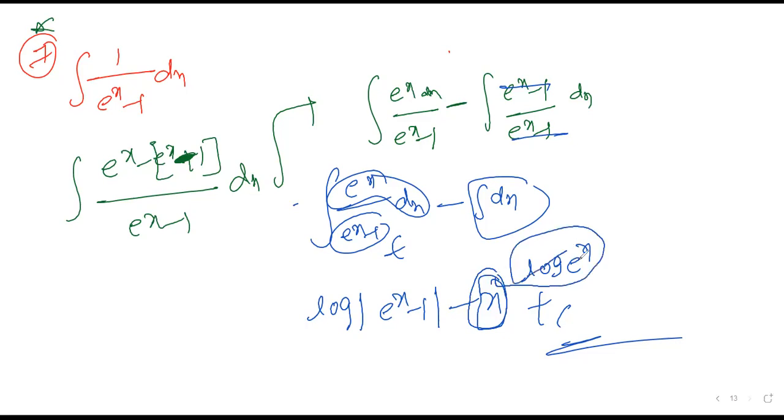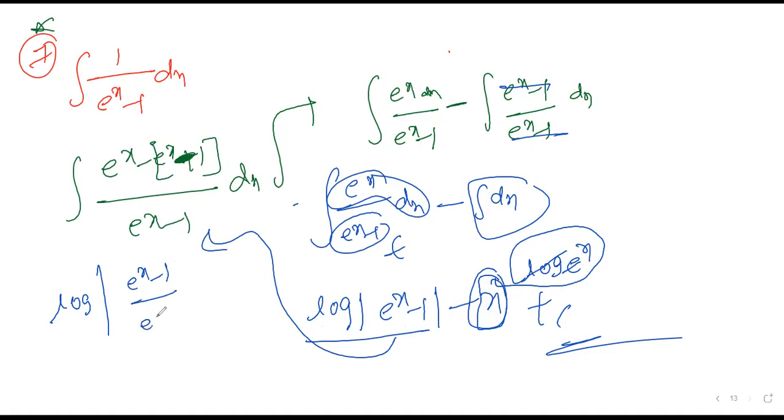Log of exponential will come, x we can write directly. Yes. That is the case. You can expect the extension of the answer: log a minus log b, log a by b, log a by log b. Yes, sir. This is also a correct answer.